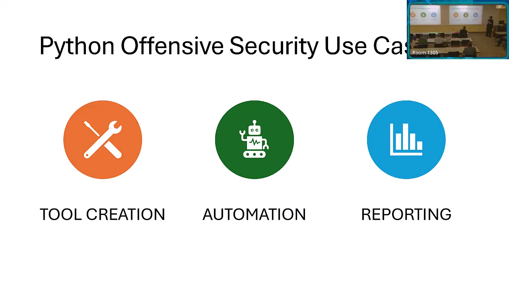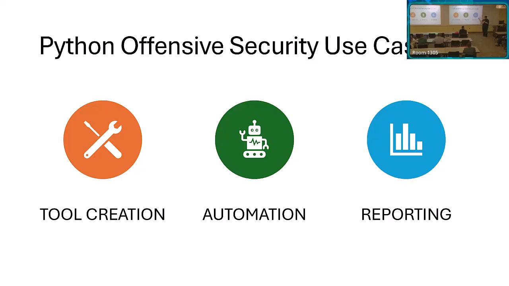So let's talk about some of the use cases, because the best applications, just like the best products, solve a problem. So when we talk about solving cybersecurity problems, what is something that from an offensive security perspective, we're talking OSCP, penetration testing, what is something that's a tool created in Python or a problem that could be solved?